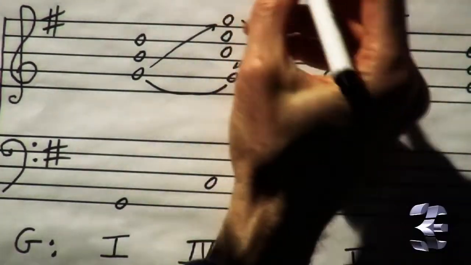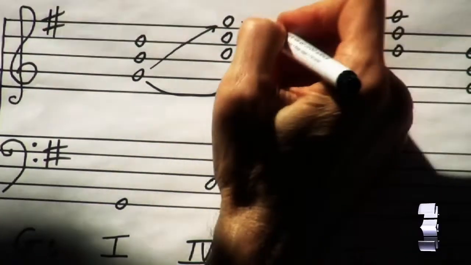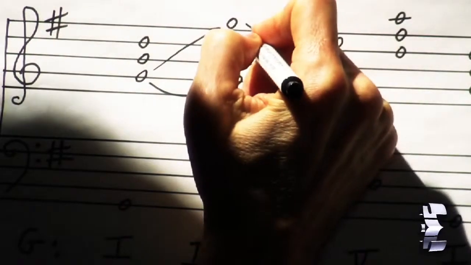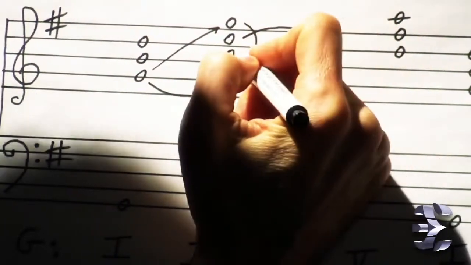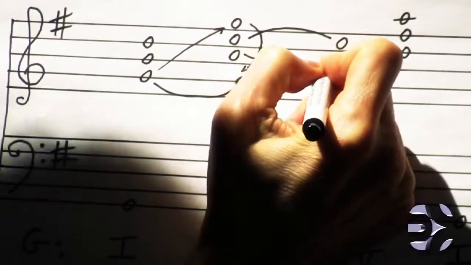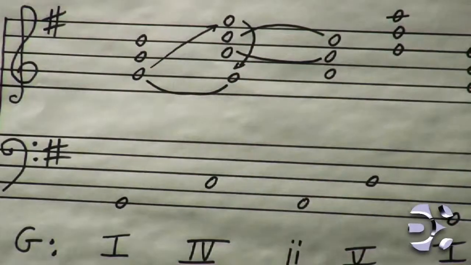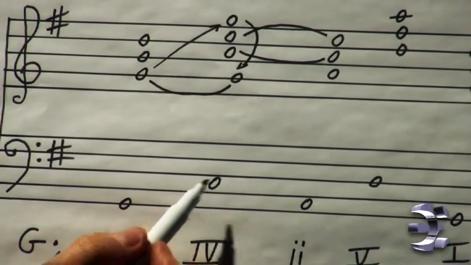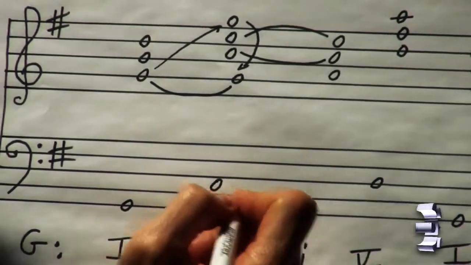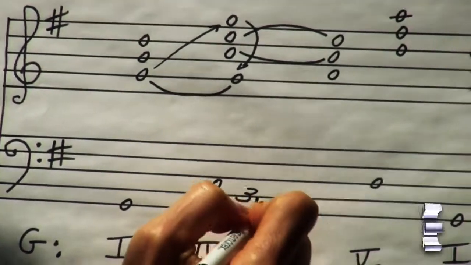1 to 4, and then going from 4 to 2, you can see that there are 2 notes in common. The reason why that's the case is that if you look at the root down here, you can see that this is a root movement by a third.